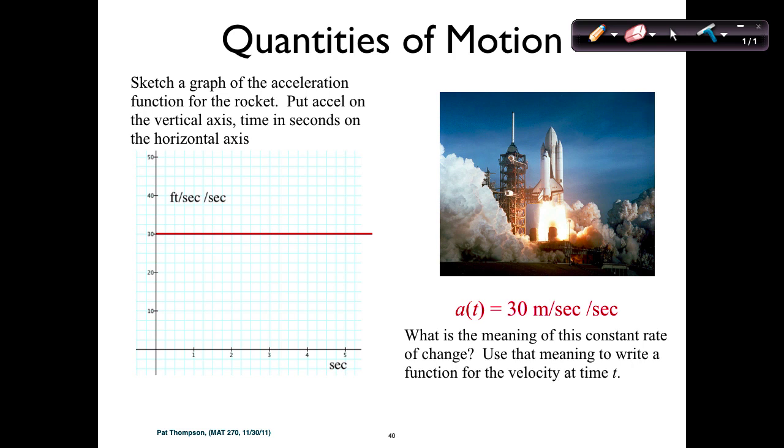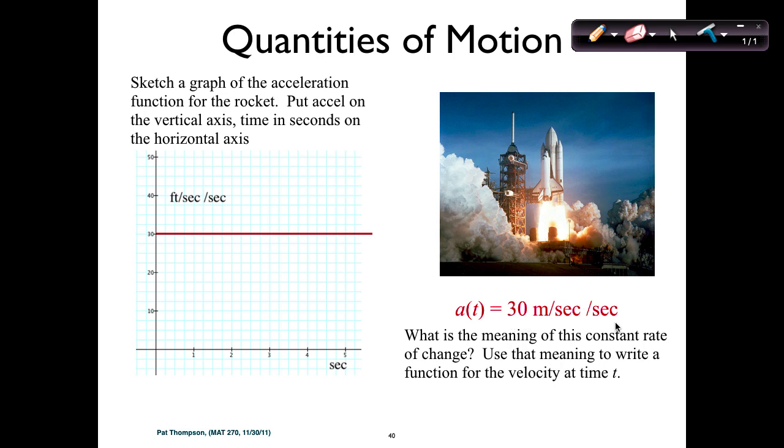And the meaning of this constant rate, so we've already said that. Meaning of the constant rate is given any change in time, the change in velocity is 30 times that change in time.